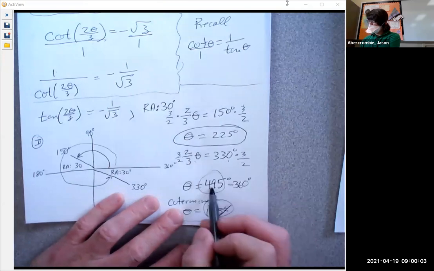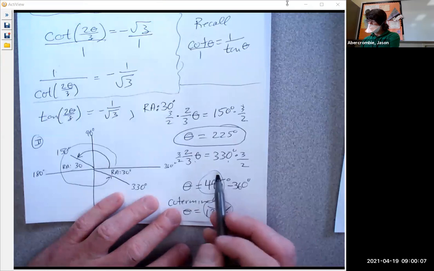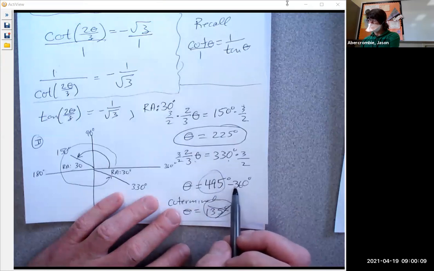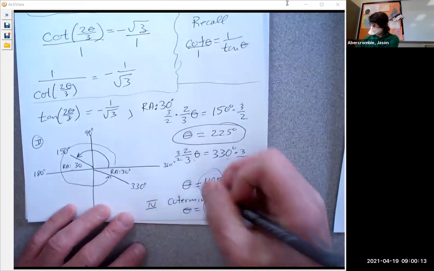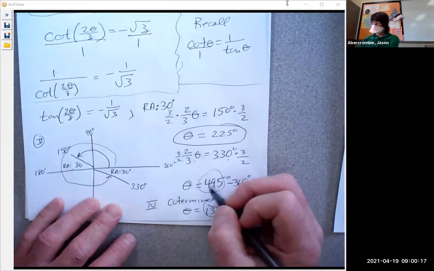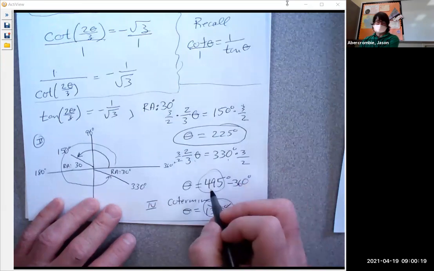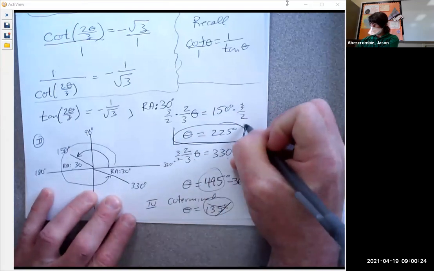So even though these are coterminal, because if you take off 360, basically what you're doing is you're changing the quadrant. So I'm going to either stick with 495 or trash it, because if I want an answer between 0 and 360, this ain't going to work. And so I think this is the only answer I would write down.